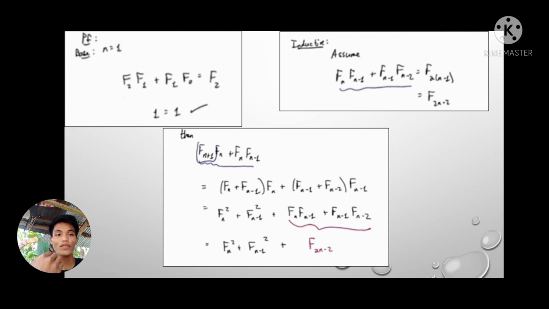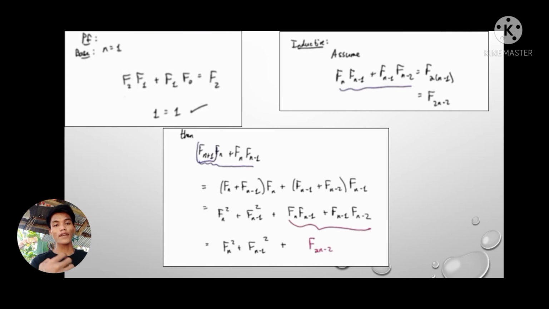In the inductive case, we are going to assume it is true that f sub n multiplied by f sub n minus 1 plus f sub n minus 1 multiplied by f sub n minus 2 is equal to f sub 2n minus 2.